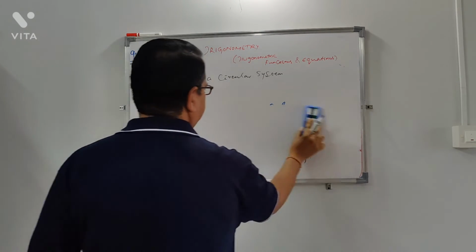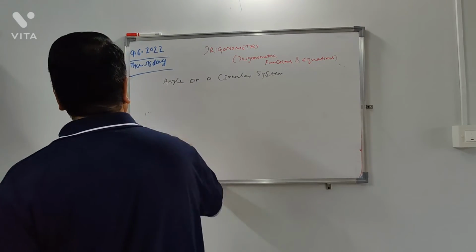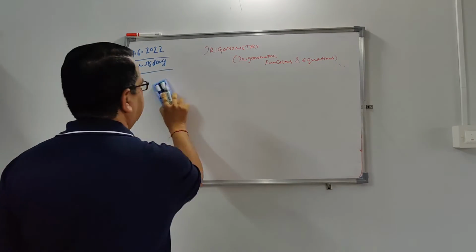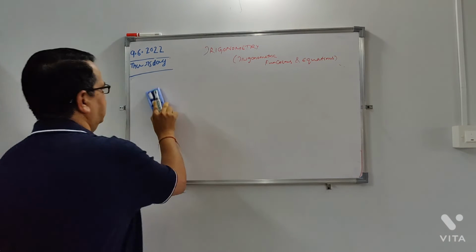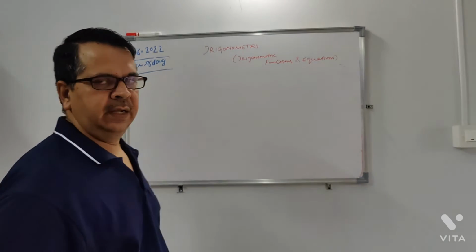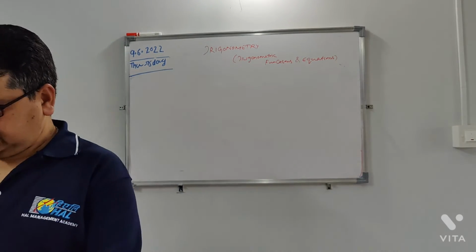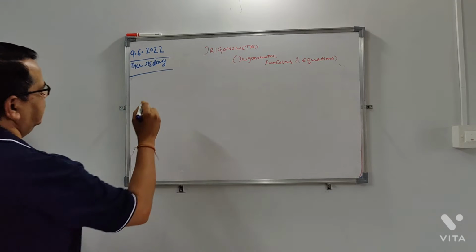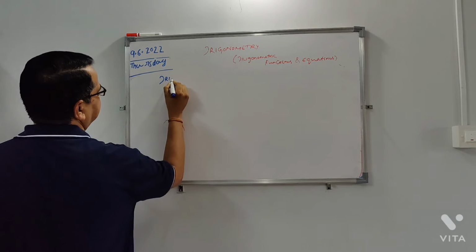The relationship between radian and degree: if you divide the angle in degree by 57, you will get the angle measured in radian. So pi radian is equal to 180 degree and 2 pi radian is equal to 360 degree. Then we will get into trigonometric functions.